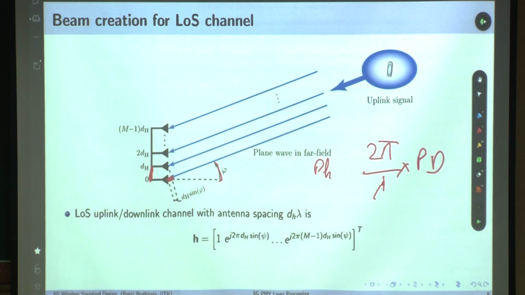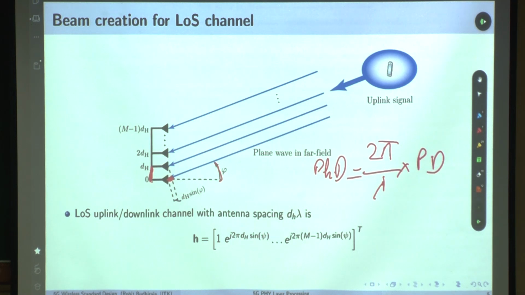So if you look at the line of sight channel between this antenna and this antenna, the only difference will be the phase, and that phase difference is 2 pi by lambda into the path difference.